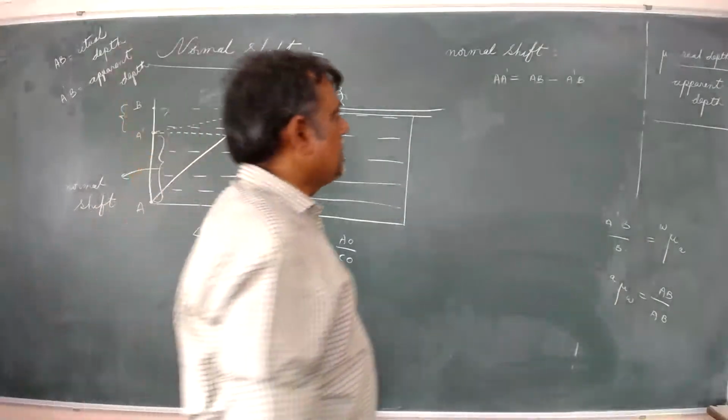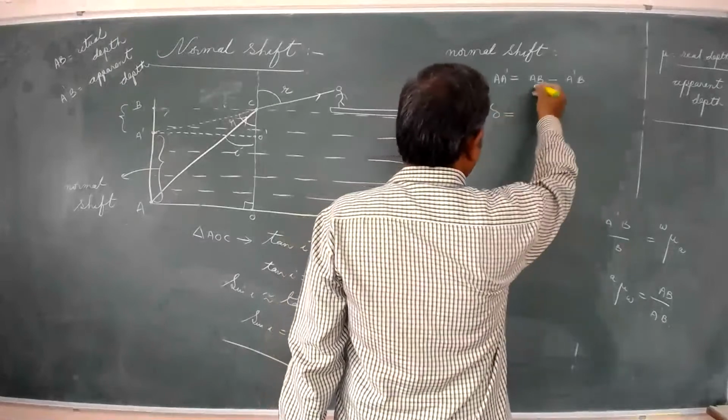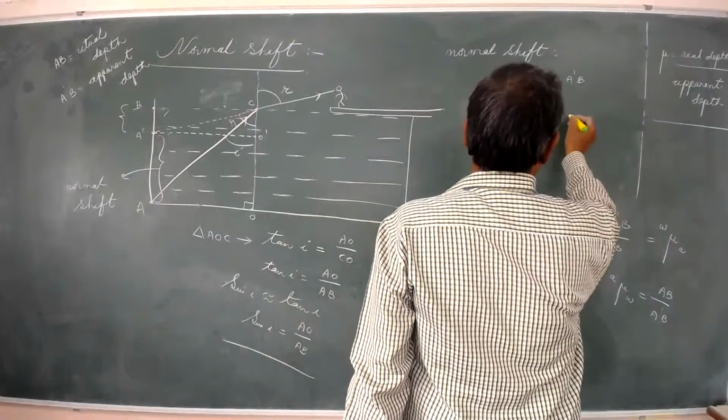So normal shift, there is a delta. AB is the actual depth minus the apparent depth.